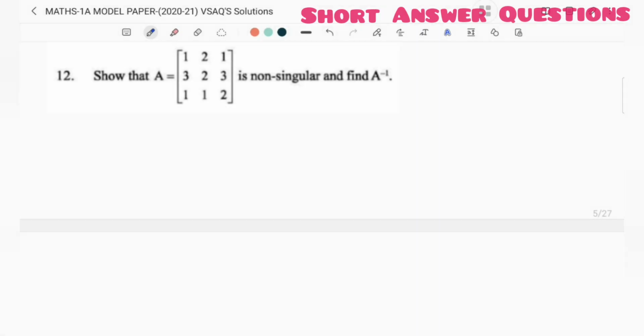The next question: show that A equal to [1 2 1; 3 2 3; 1 1 2] is non-singular. Find A inverse. When the matrix is non-singular, that is, if the determinant of the matrix is not equal to 0, then the matrix is non-singular.